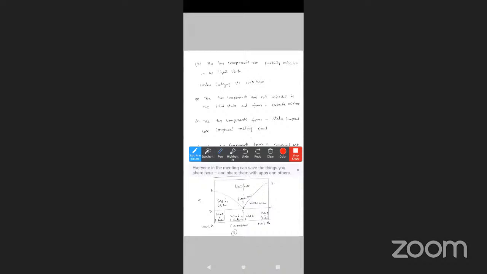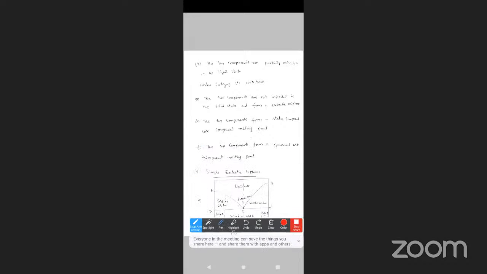And below this, D, C, D prime, we have solid A plus eutectic. And here solid A plus solid B, eutectic. And finally this one is solid B plus eutectic. So let us understand in detail this diagram, which is a simple eutectic system.